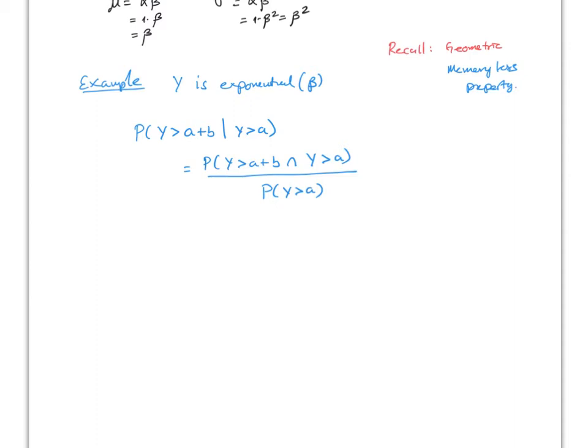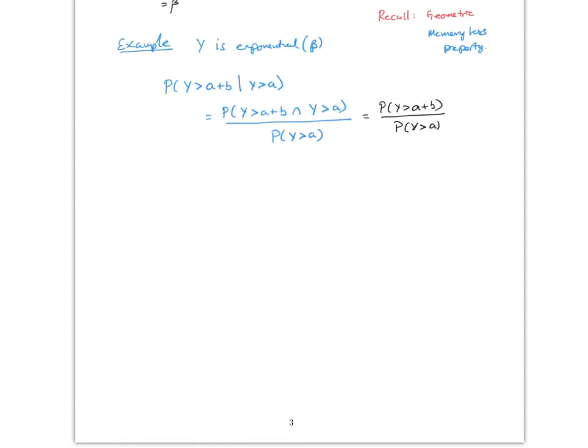Now we have done this multiple times before. Remember, the probability that y is greater than a plus b and y is greater than a is the same thing as the probability that y is greater than a plus b. And the bottom is just y greater than a. Okay, so I'm going to do the two separately.